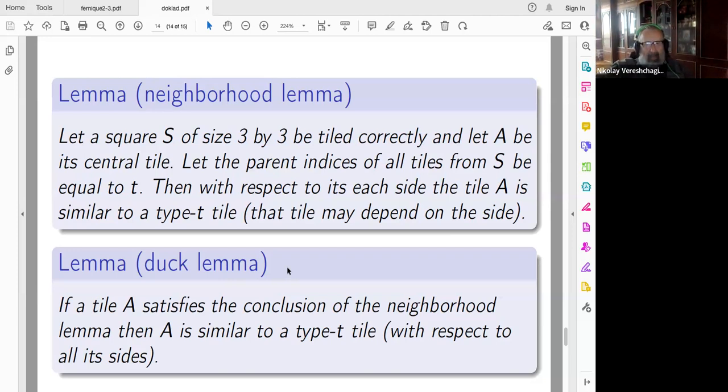And the duck lemma actually has the property all or nothing.